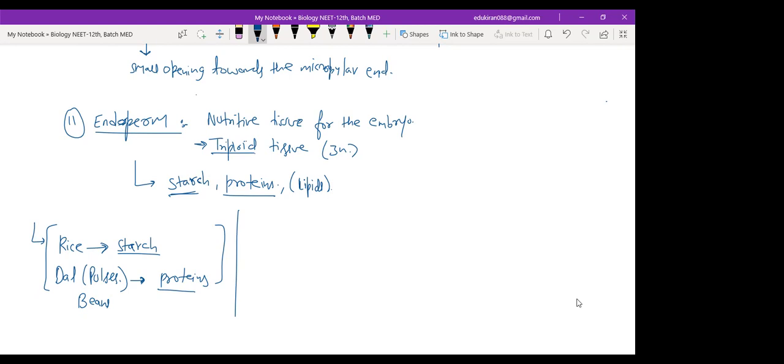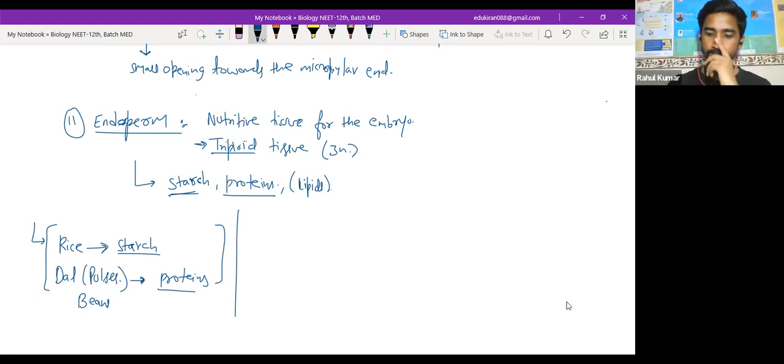Okay, very good. So write down the next thing about endosperms. The endosperm supports the embryo during germination, when it is not able to photosynthesize.